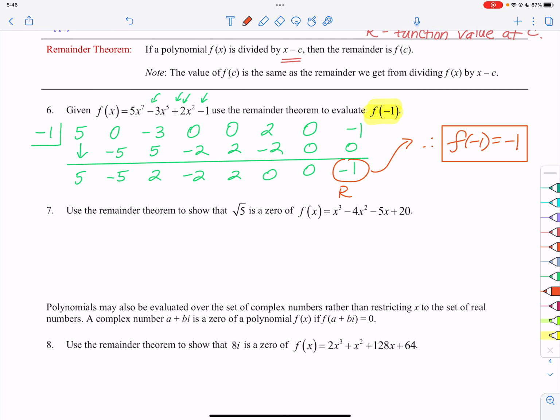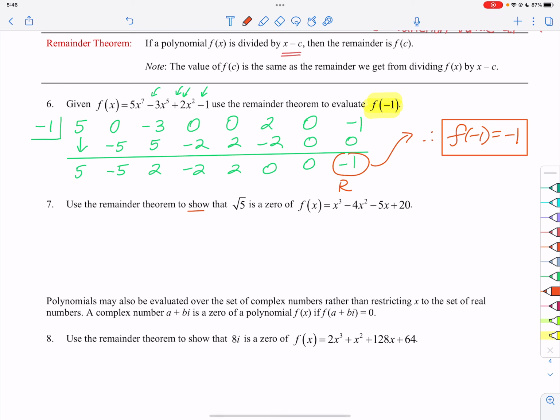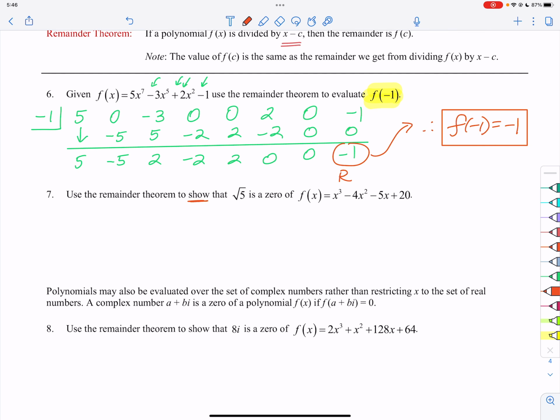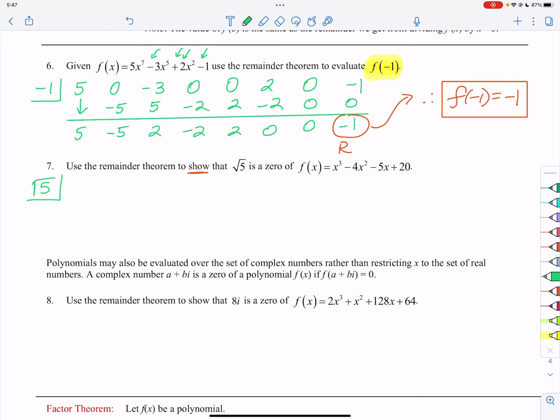Let's use the remainder theorem this time to show that root 5 is a 0 of this given cubic function. Okay, so we're going to put the square root of 5, what we want to show is the 0, in the box.